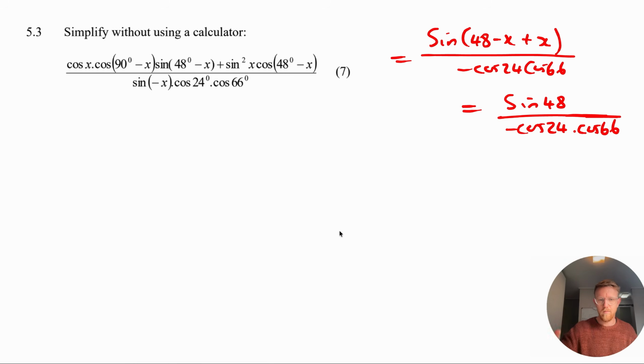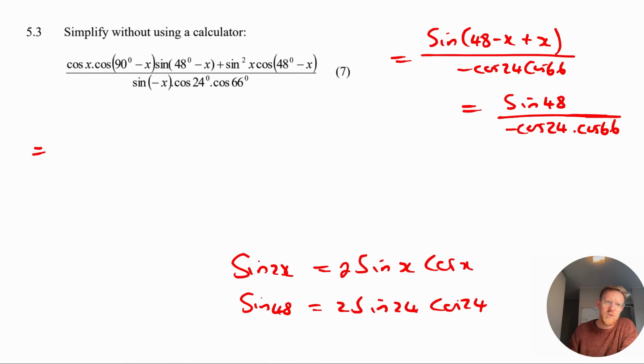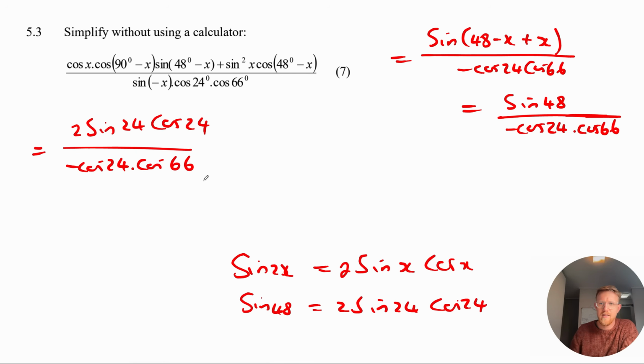Okay, so I now notice that this is double that. So what I'm going to do then is convert that sin 48 into its double, I'm going to use the double angle. So we know that if you have sin 2x, then it becomes 2 sin x cos x. So if we have sin 48, then it becomes 2 sin 24 cos 24. And then at the bottom, negative cos 24 times cos 66.